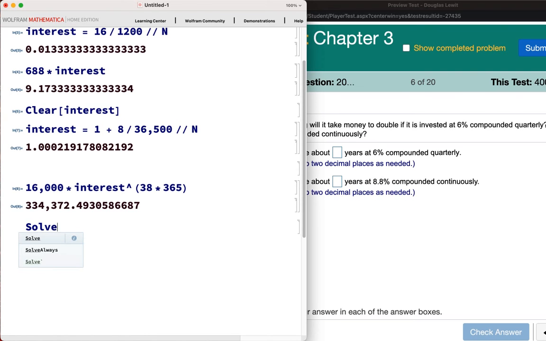So solve $100 times 1 plus 0.06, quarterly means divide by 4, to the power of 4 multiplied by the time is equal to 200. What is t?